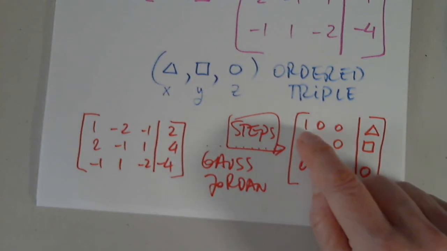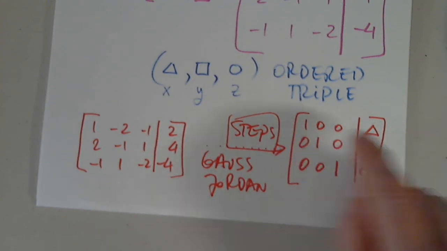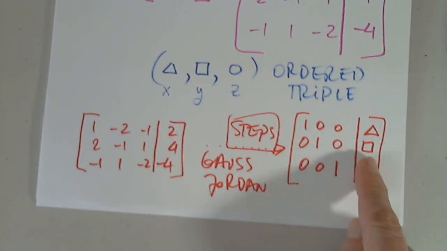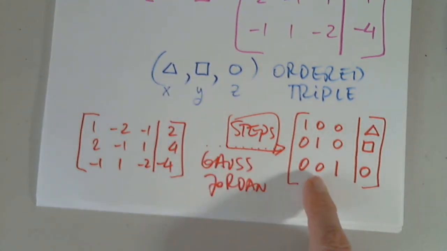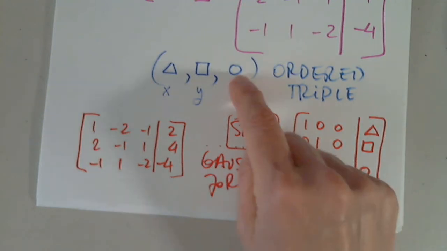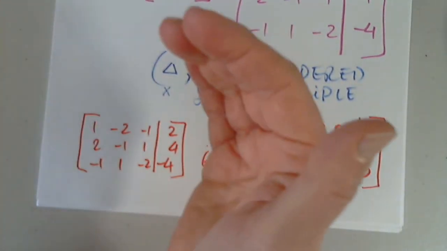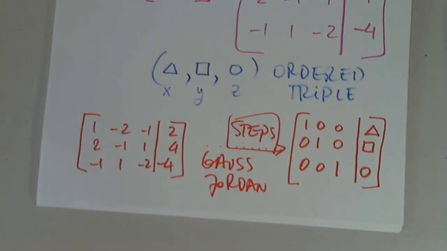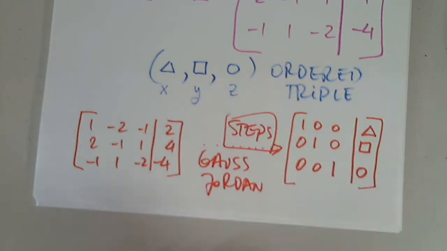That says x plus 0 equals this, which means x is this. 0 plus y plus 0 is this, which means y is this. And 0 plus z equals this is that. So once I manage to change this matrix into this, I finished. I solved the system. I got this for x, I got this for y, and I got this for z.